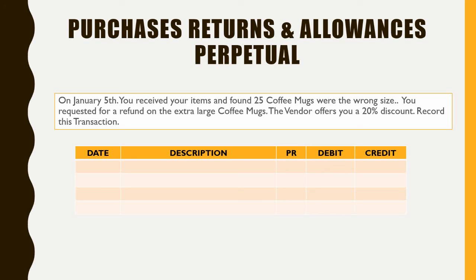So now we're getting an allowance, because the vendor shipped us the wrong size but, to make up for our mistake, will give us a 20% discount off of the 25 extra large coffee mugs. How am I going to journalize this?